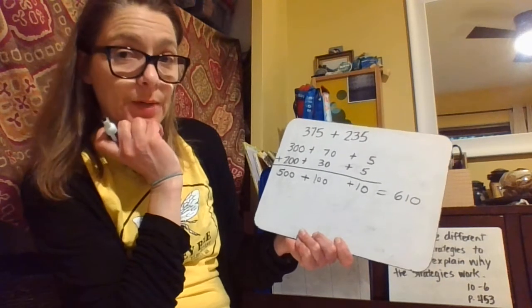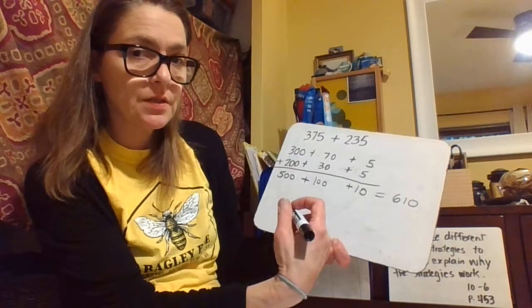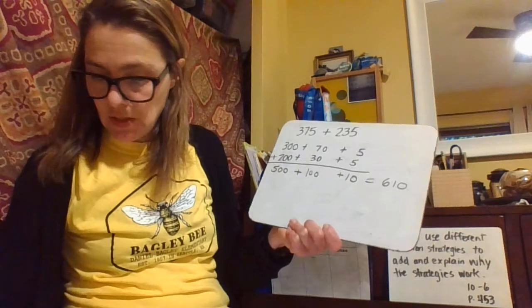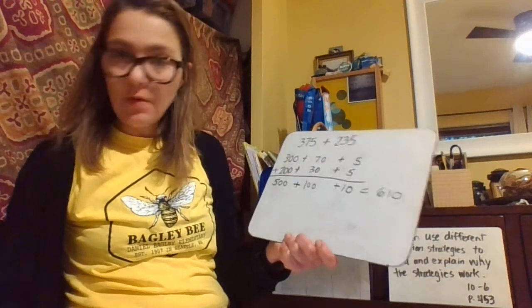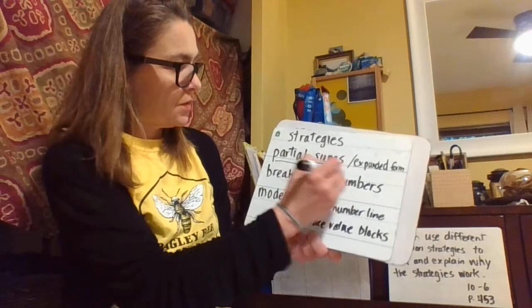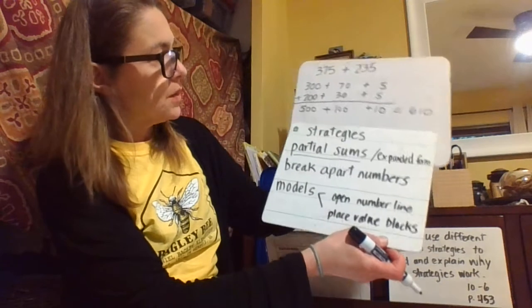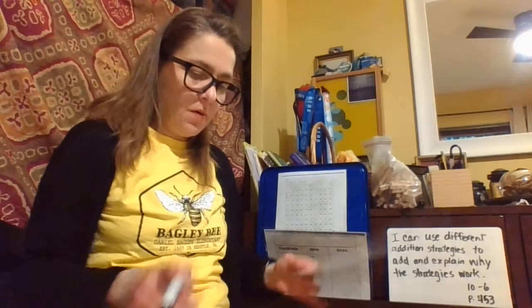Okay, you can also break apart numbers. Now watch this carefully, because I'll show you this, and then I'll show you how to do it on a number line. Go ahead and write it on the back. So we just did partial sums. Okay, and now I'm going to show you break apart numbers.